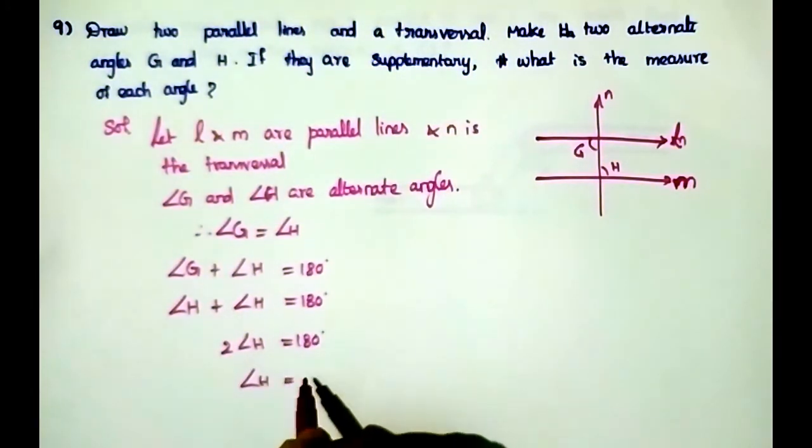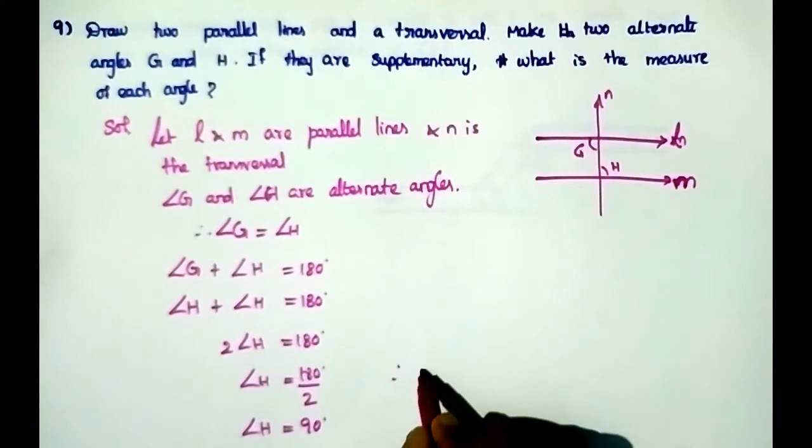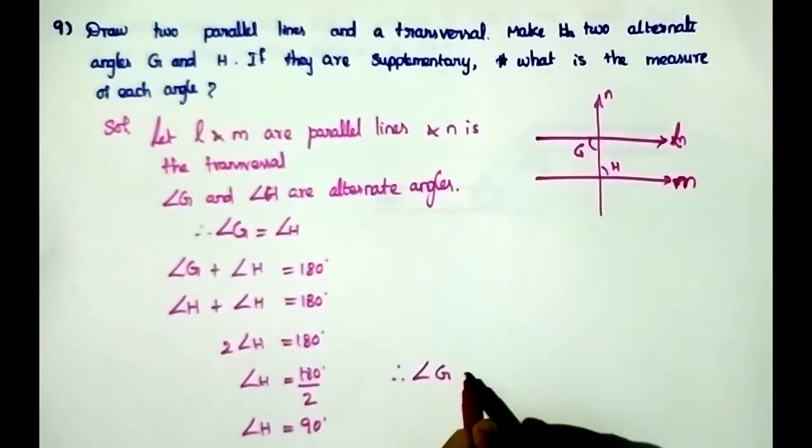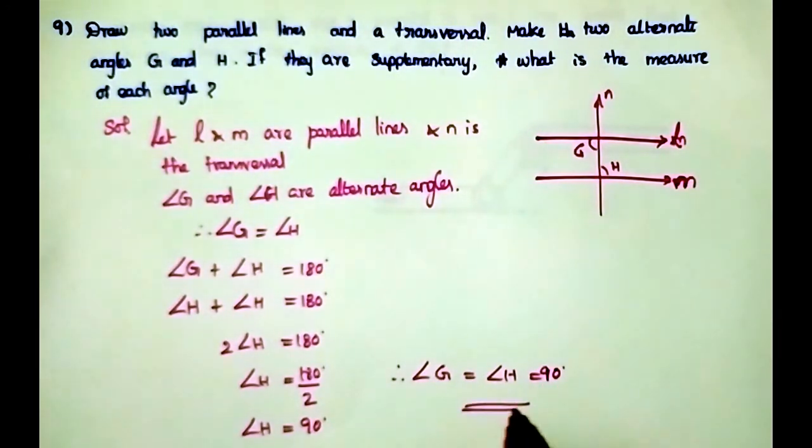Angle H equal to 180 divided by 2, angle H equal to 90 degrees. Therefore angle G equal to angle H equal to 90 degrees. That is the answer.